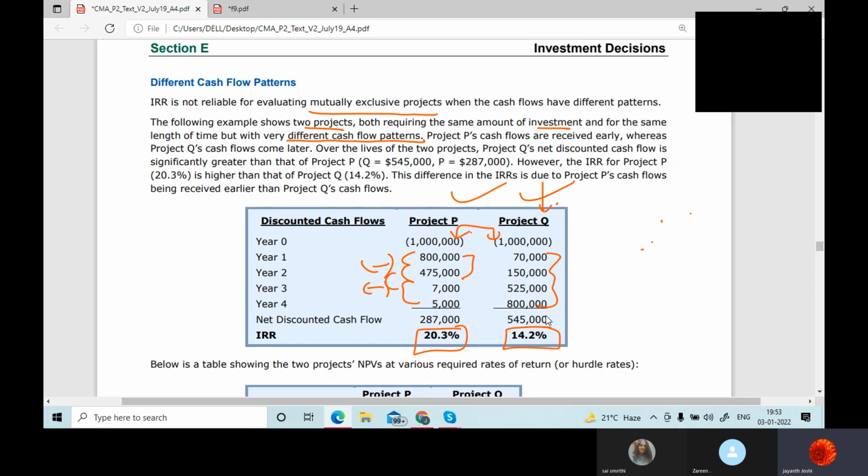So I would always prefer this one, based upon IRR, based upon the NPV rule, correct or wrong? Yes. Hello. Yes, sir. Which one should I prefer here?